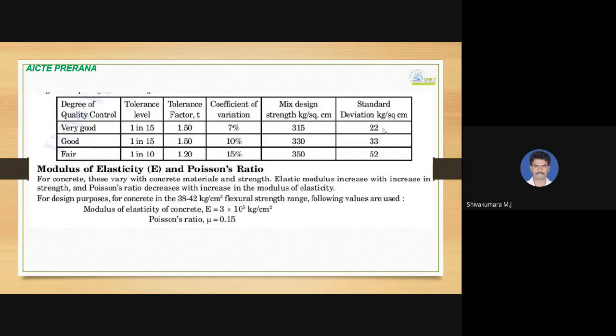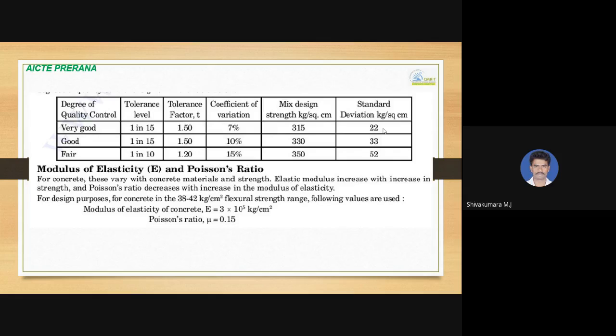Modulus of elasticity and Poisson's ratio for concrete vary with the concrete materials and strength. Elastic modulus increases with increase in strength, and Poisson's ratio decreases with increase in modulus of elasticity.